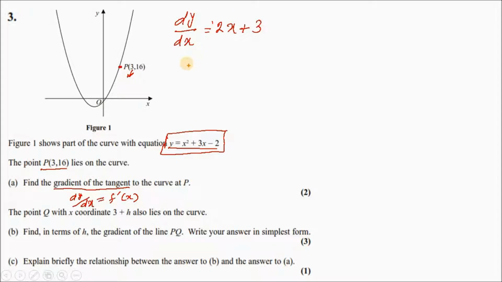So dy by dx, which is the gradient at point (3, 16), is 2 times x, and the value of x in the point is 3. So 2 times 3 is 6, 6 plus 3 is 9. So this is the gradient of the tangent at point P.